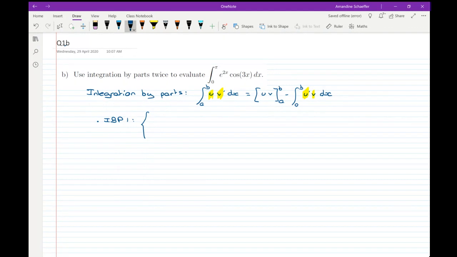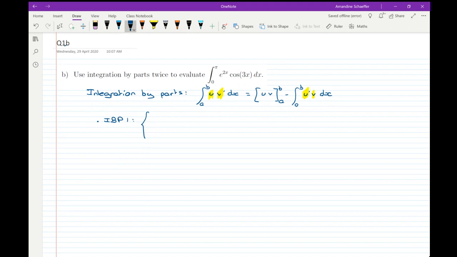So if you have x times cosine, you choose x to be u, because if you differentiate x, you get 1. And if you integrate cos, you get a sine. So your integral is going to be easier. So you need to think about it, or you just try and see if your integral is going to be easier or not.